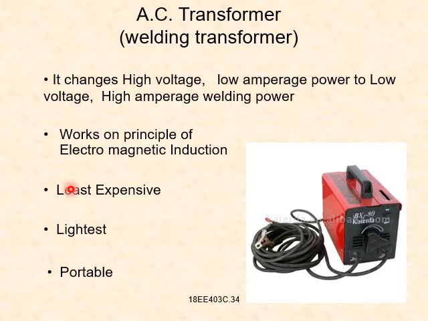Actually you know the formula for heat. Mainly for welding we require heat in order to melt the metals, and we know that heat is equal to I square R T. So for heat, mainly the current should be more; the more the current, the more the heat, since it is the square of the current.